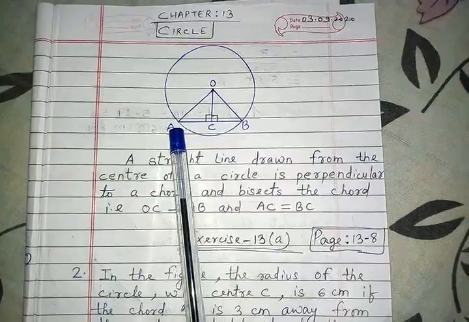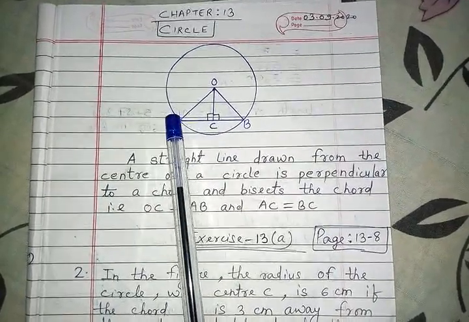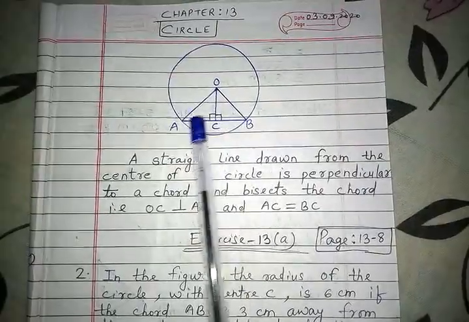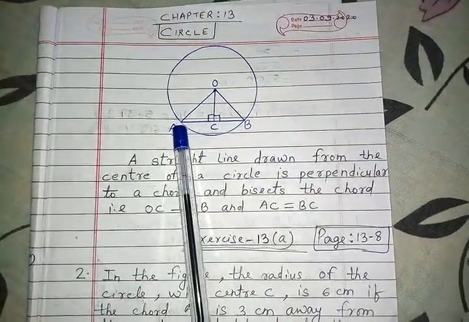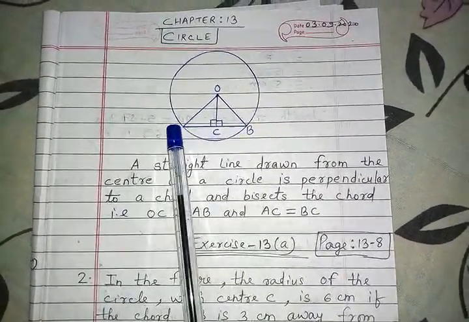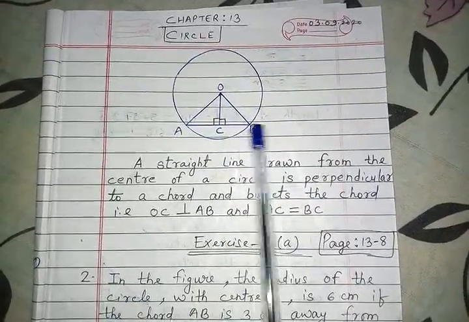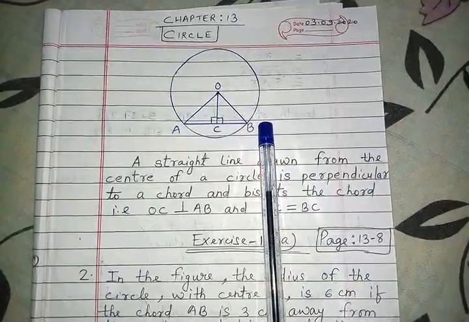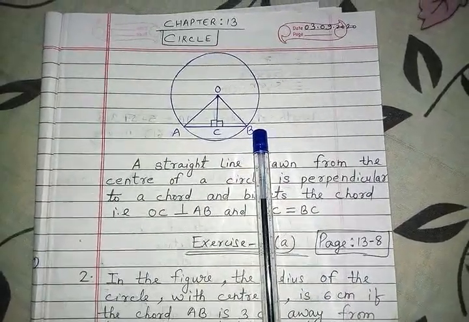And whenever a line starts from one boundary and reaches the other boundary, or starts from one circumference and reaches the other circumference without passing through the center, that line is called a chord. So here OA, OB are radii, and AB is a chord.